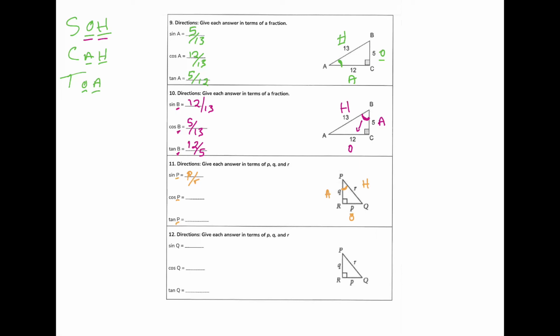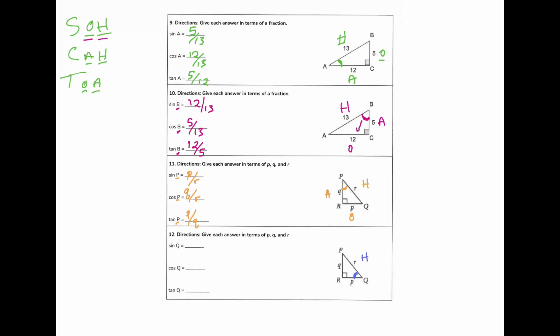See if you can finish out 11 and 12 here. Pause video, come back when you're ready. All right, so cosine is adjacent over hypotenuse, so that'll be Q over R. And tangent is going to be the opposite over the adjacent, so P over Q. Lastly, we want to do the same thing, but we want to talk about angle Q this time.